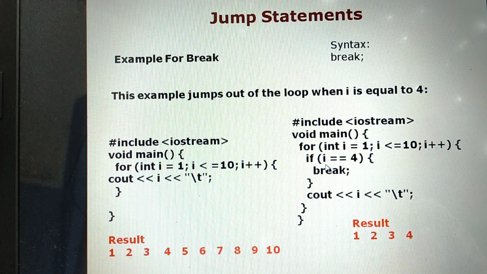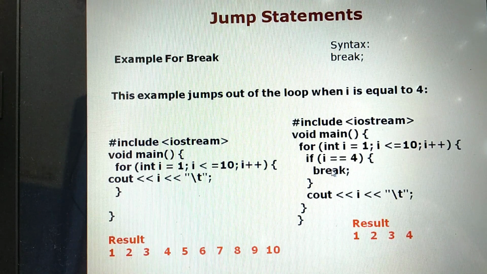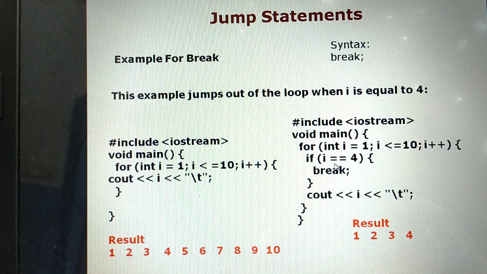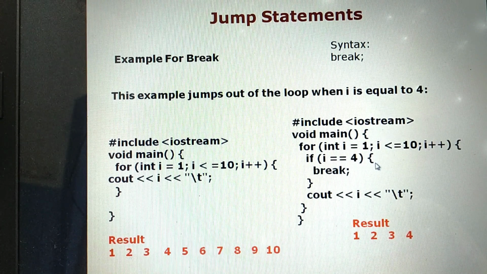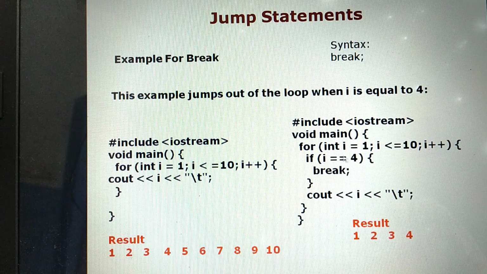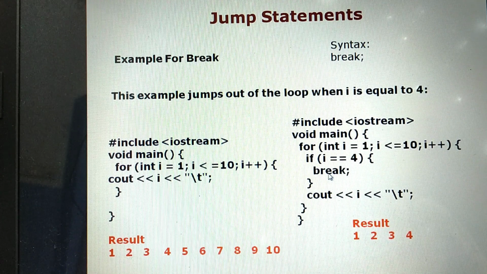How to give the condition? You can use a simple if. If the value of i is equal to 4. You can write like this, using the relational operator: i double equals 4. Then, if the value of i becomes 4, what should happen? You have to terminate the loop. Give the command for terminating the loop: break.